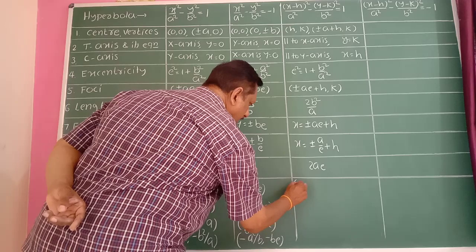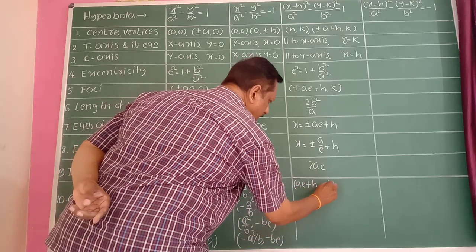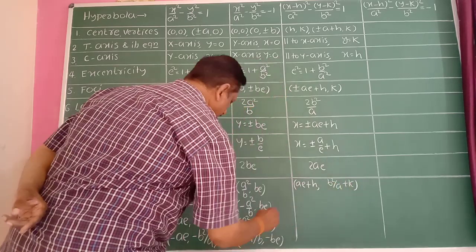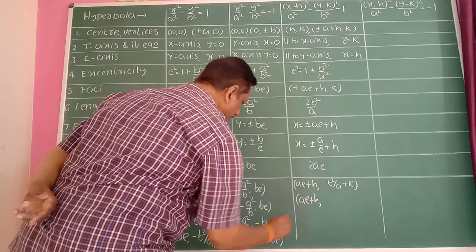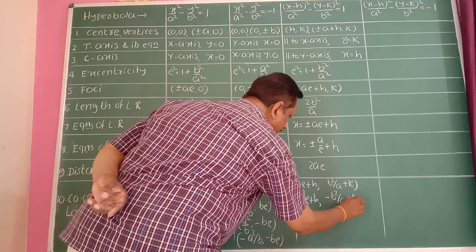Therefore ae plus h, b squared divided by a plus k. Then ae plus h here, minus b squared divided by a plus k.